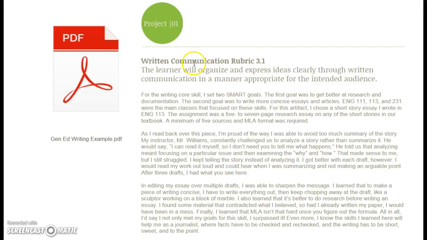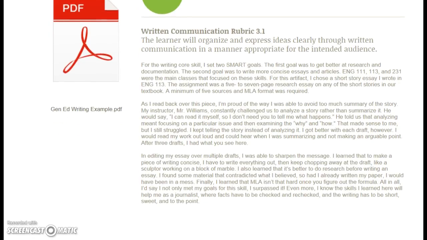First of all, we have the written communication outcome, we have the outcome statement, we have the PDF or artifact that is a demonstration of the core skill written communication, and then we have 3 paragraphs of reflection. So that's what we're going to talk about today, is writing that.